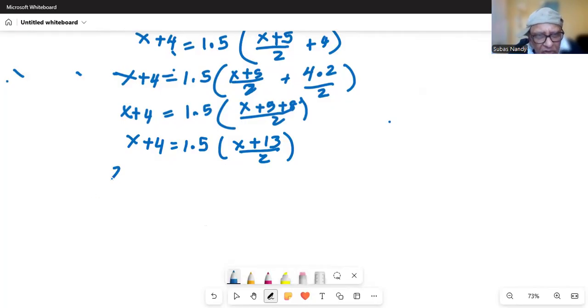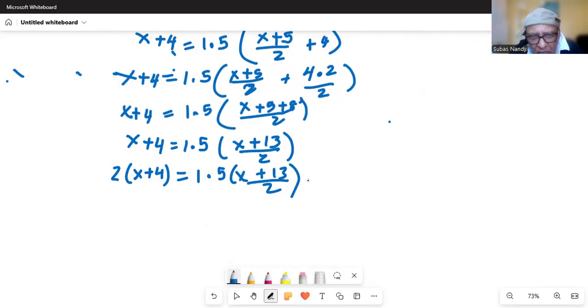So 2 times (x plus 4) is equal to 1.5 times (x plus 13)/2 multiplied by 2. So this 2 cancels with this 2. That was the purpose. But remember, in an equation, whatever you do on one side of the equation, you have to do on the other side. That's why we multiplied by 2 on both sides.